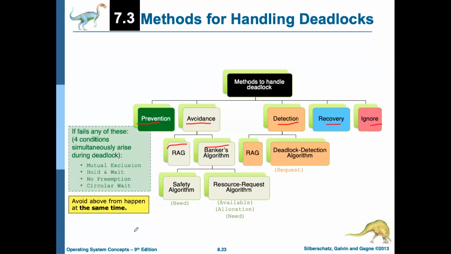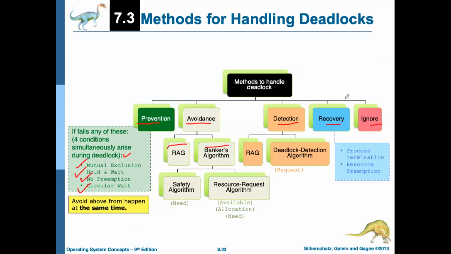So back to here, avoid deadlock from happening. If any of these four conditions simultaneously arise during a deadlock: mutual exclusion, which we mentioned in the previous chapter, hold and wait, no preemption, and also circular wait. Now process termination, and then process.